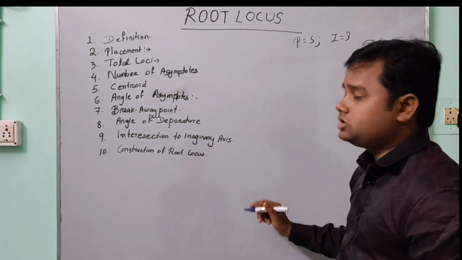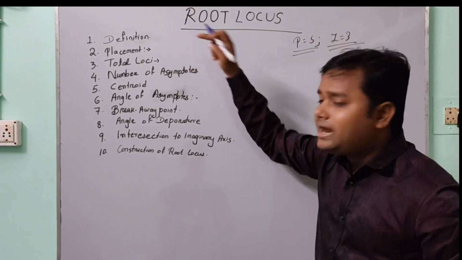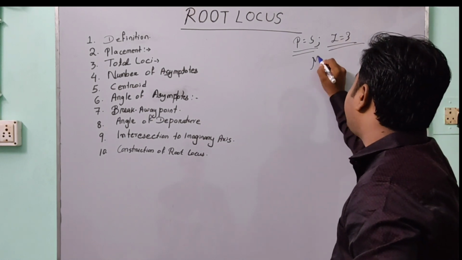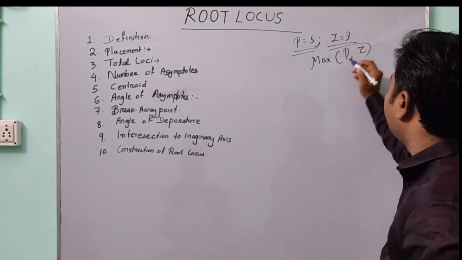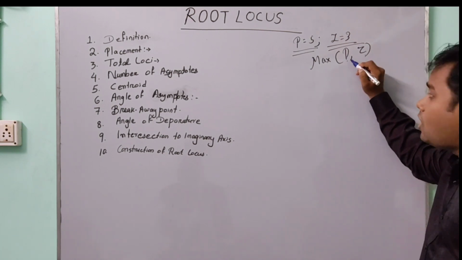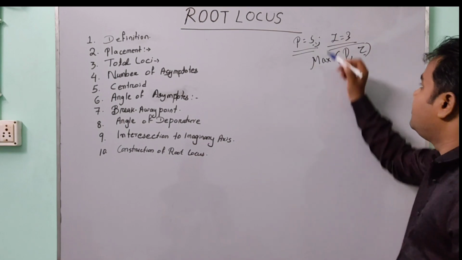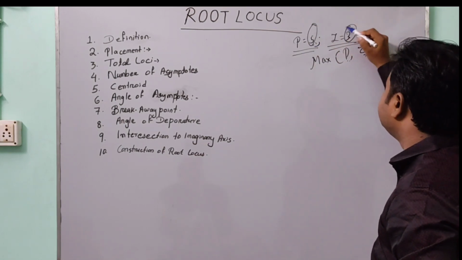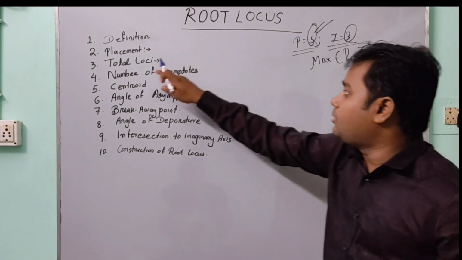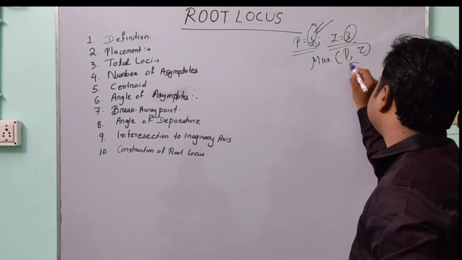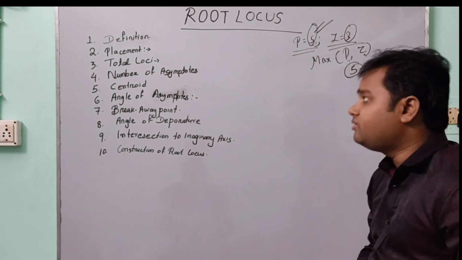Then the total loci will be the maximum value of poles and zeros. In this example the number of poles is 5 and zeros is 3, so the number of loci will be 5. The maximum between the poles and zeros is the total number of loci.